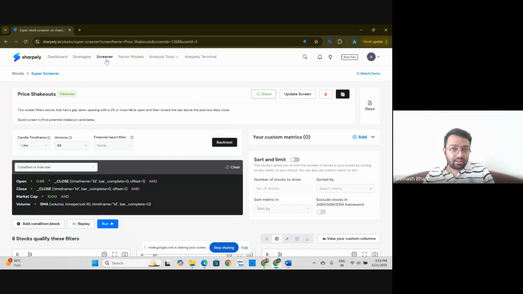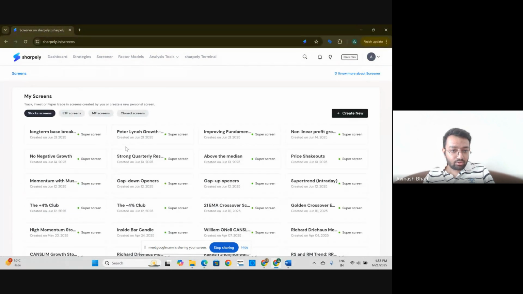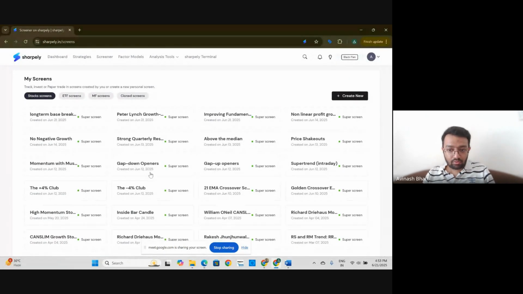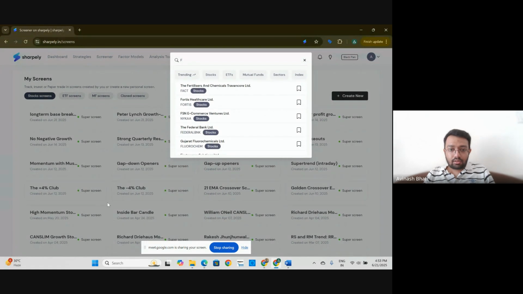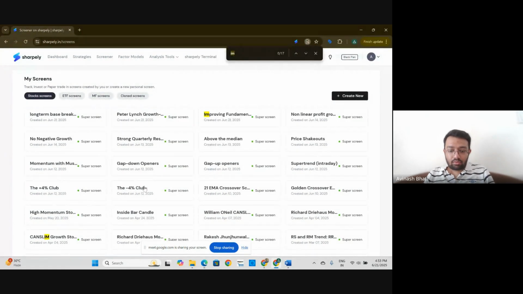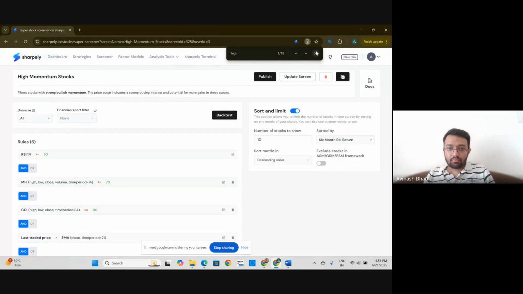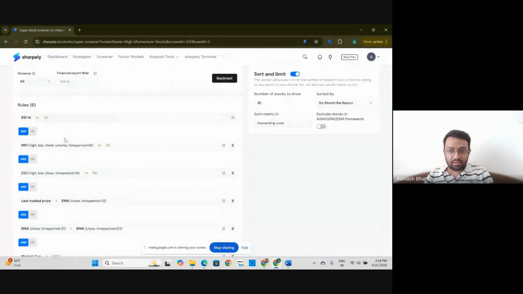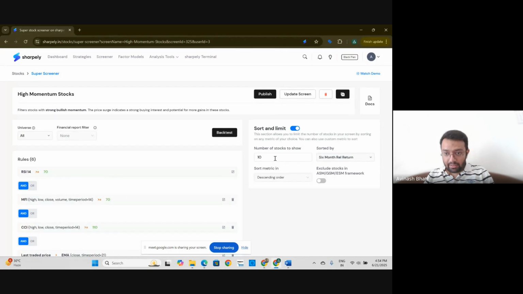Then the third screen that I would like to show you is high momentum stocks. So here we are using multiple technical metrics, and we are also limiting the total number of stocks to 10. You can turn this off and check the results.